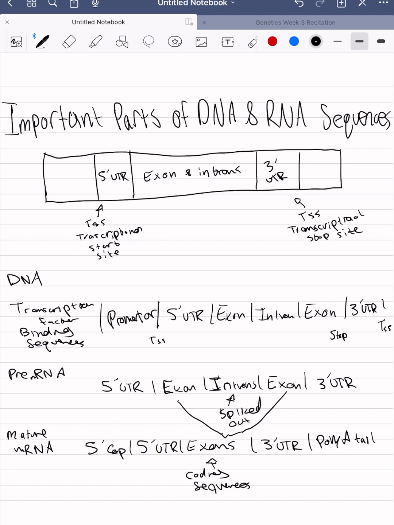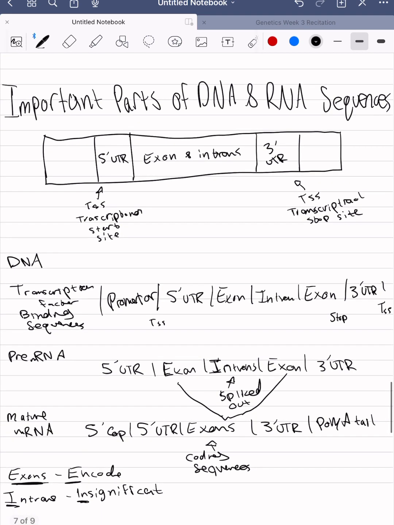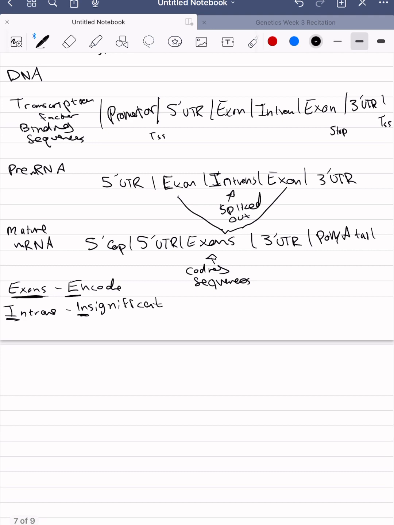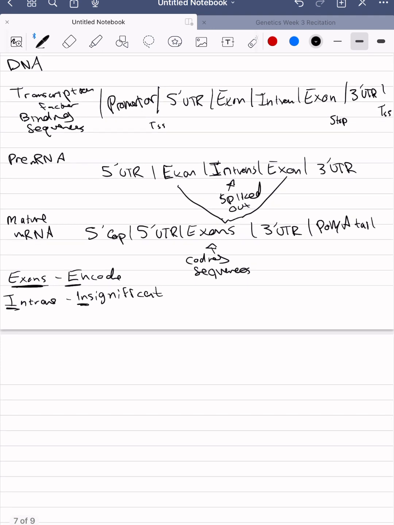Exons encode; introns are insignificant. And exons are the only sequences that get translated.